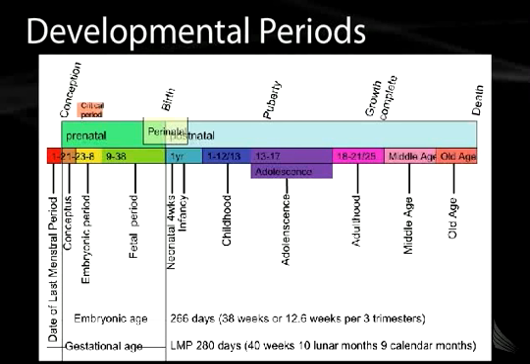So the embryonic age is typically counted from the time of fertilization, which makes 266 days or 38 weeks, which can be divided into 3 equal trimesters of roughly 12.6 weeks each. The gestational age, as we discussed in the question prior, includes the date of last menstrual period because it was mentioned in the question. Therefore, from last menstrual period, adding 14 days to this 266 embryonic period, we have 40 weeks, which is 9 calendar months.